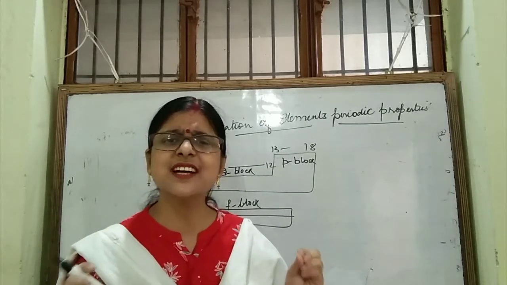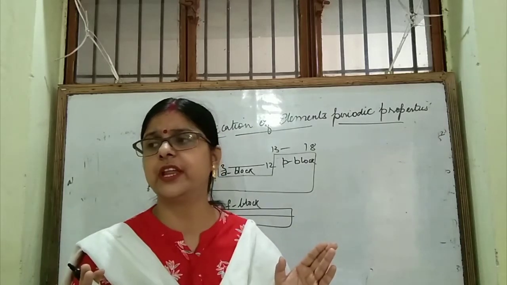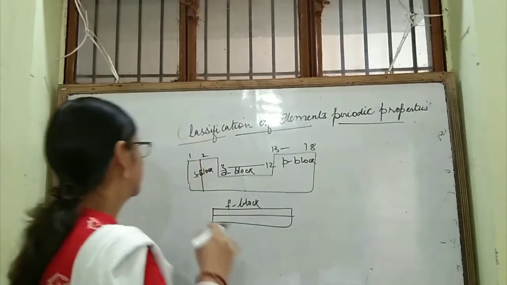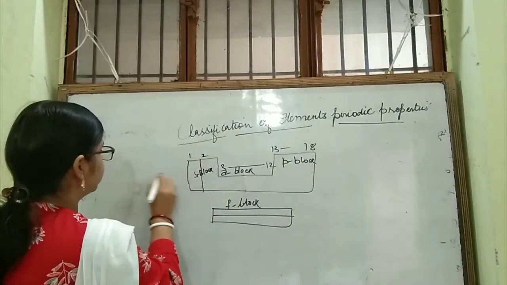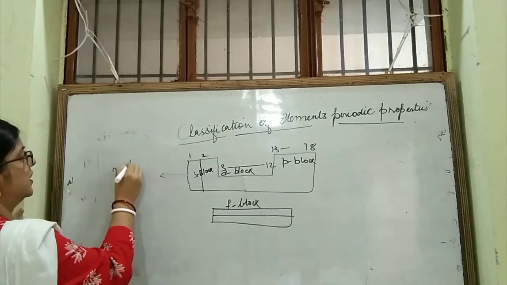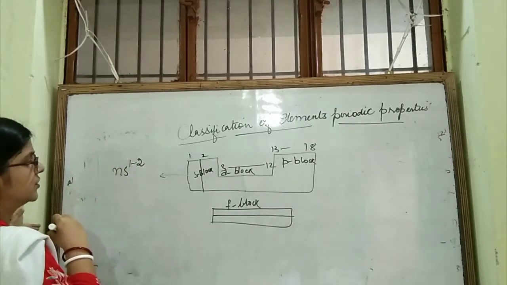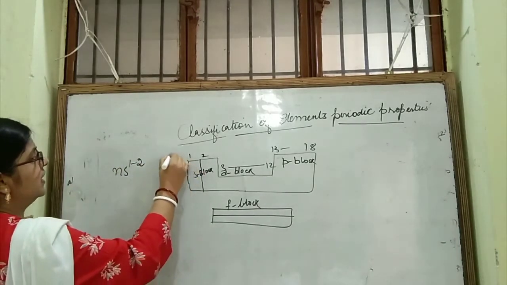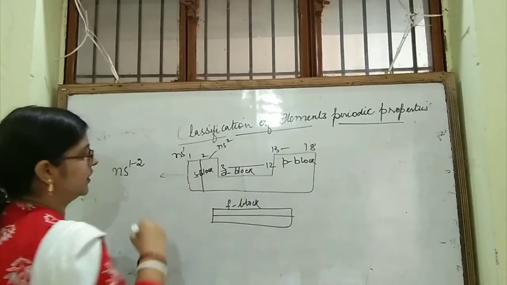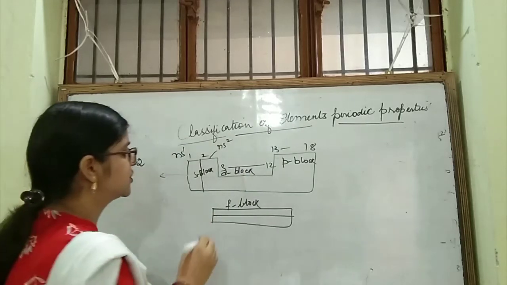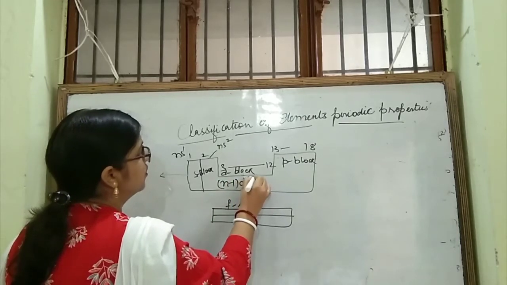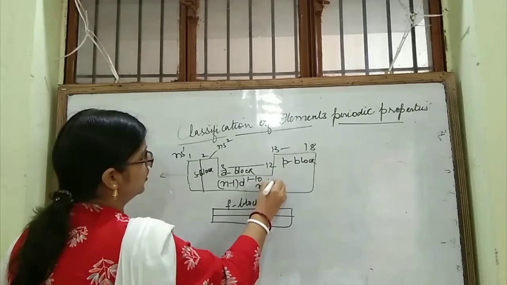Now, let us discuss the electronic configuration of S, P, D and F. What is the electronic configuration of S block elements? The general electronic configuration is ns^1-2. Group 1 has general electronic configuration ns^1, and group 2 has ns^2. Now D block has general electronic configuration (n-1)d^1-10 ns^1-2.